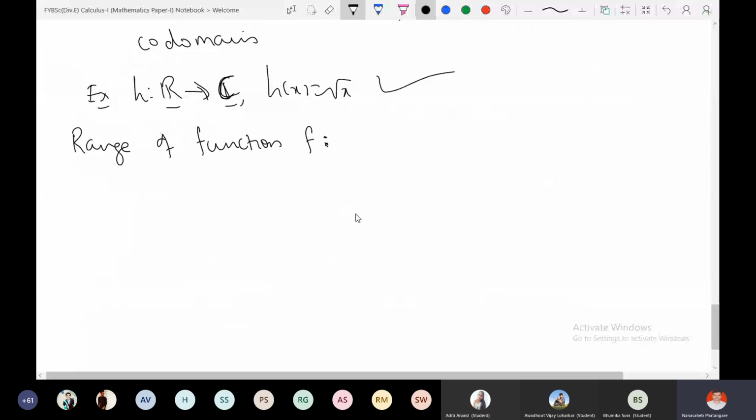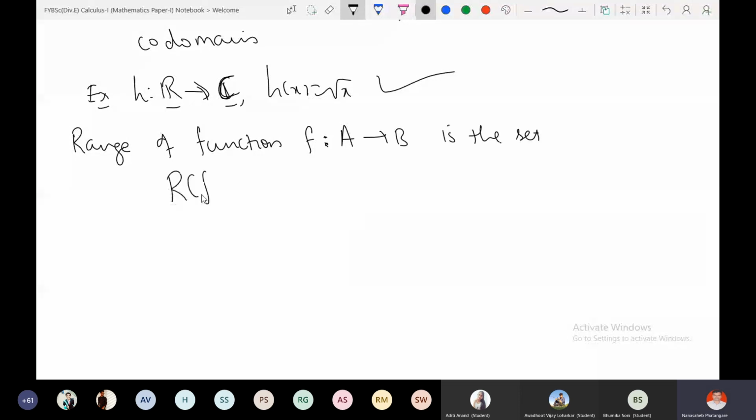The range of a function f from A to B is the set R f, the range of f, which is the collection of all images. That means you choose any element from A, apply function f, and whatever you get, you put in the range.